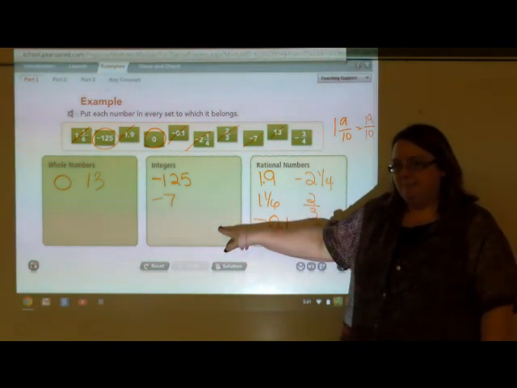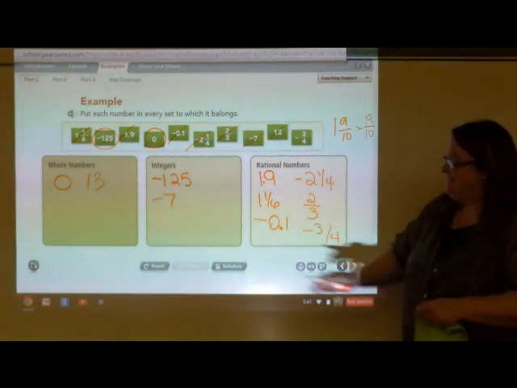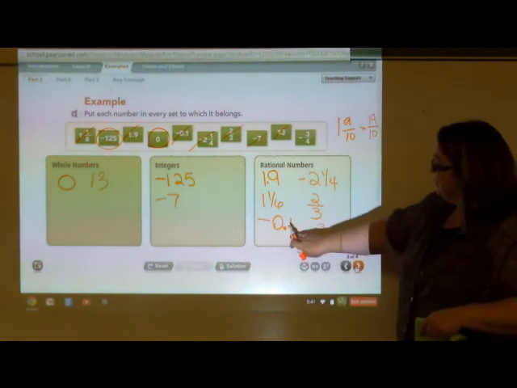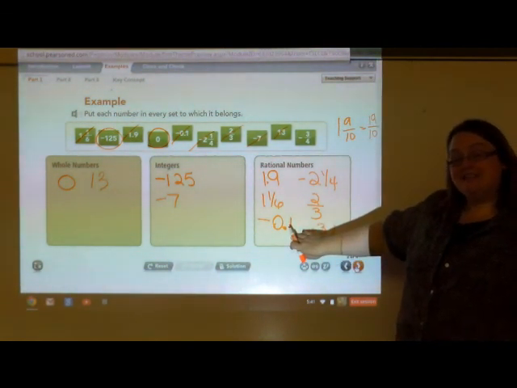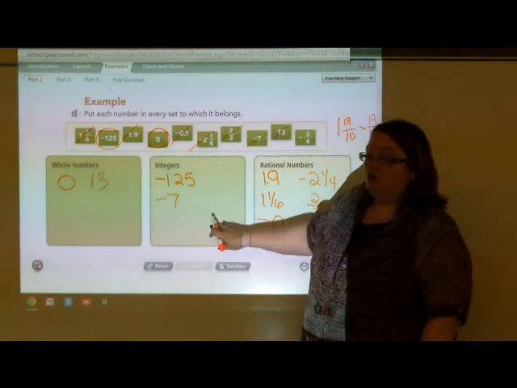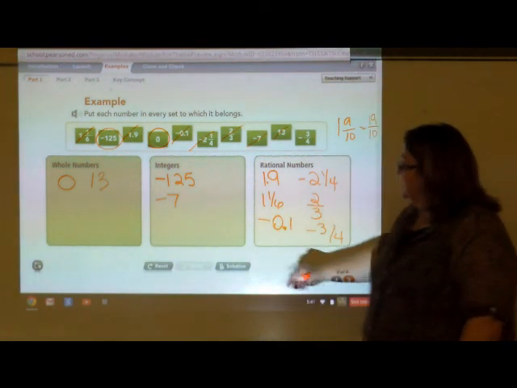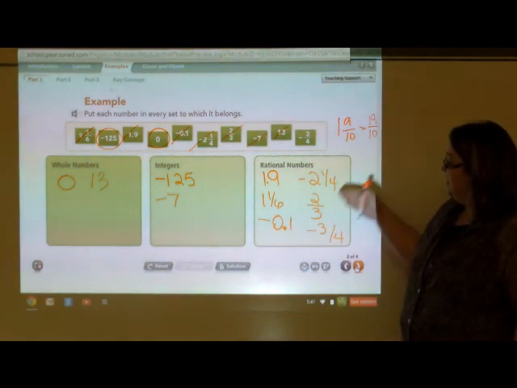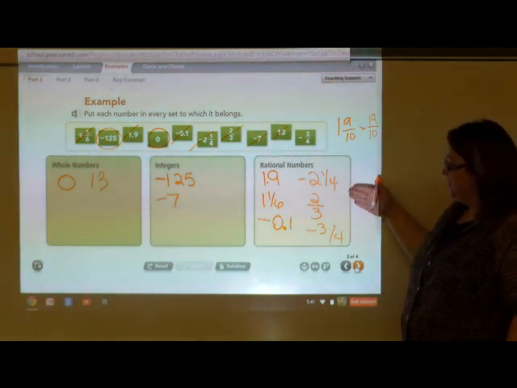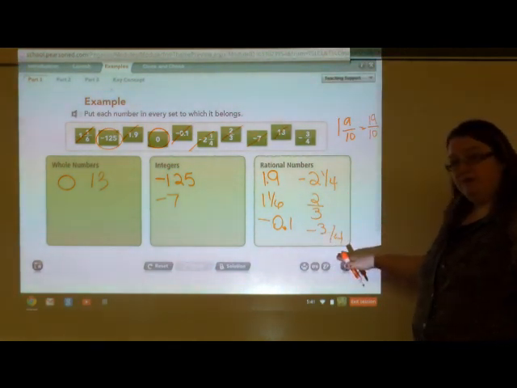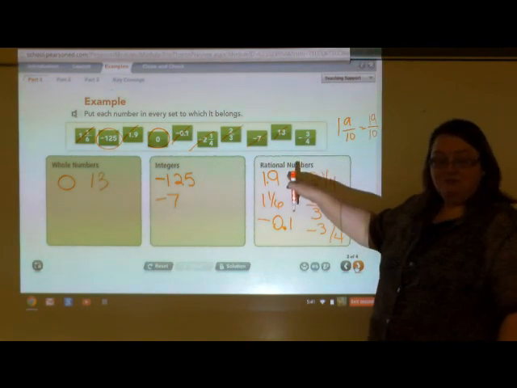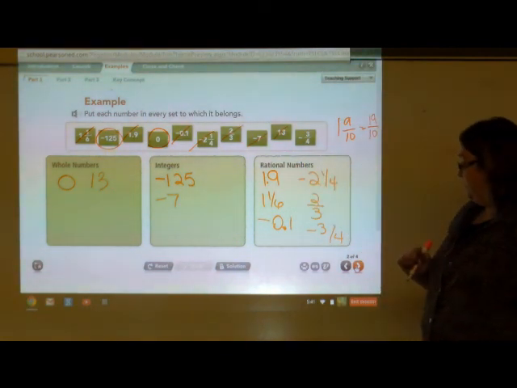Did I make a mistake? No, I didn't. You guys have got me. This is going to be over here as a rational because it's a decimal. Integers are only whole numbers and their opposites. So -1/10, -2 1/4, 2/3, and -3/4 are all rational numbers.